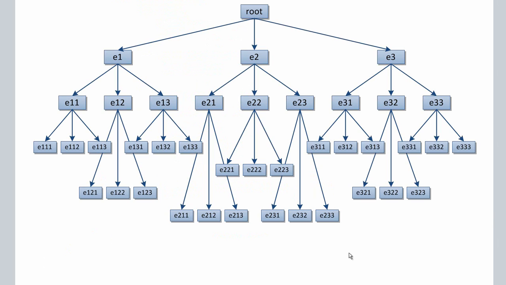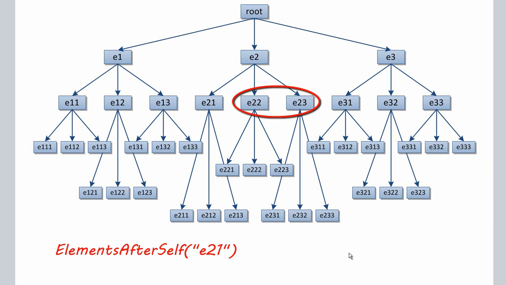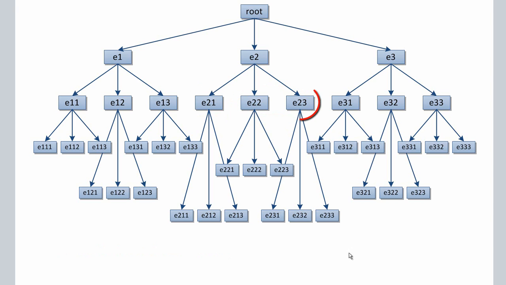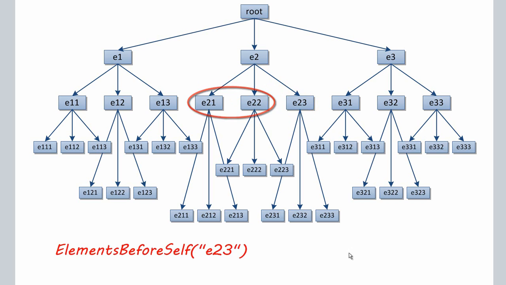So if you take this E21 element as your starting element and you ask for elements after self, the results of that query will contain 2 elements, and it will be E22 and E23. If you take E23 and ask for elements before self, it returns E21 and E22, but a key point is it returns them in document order.